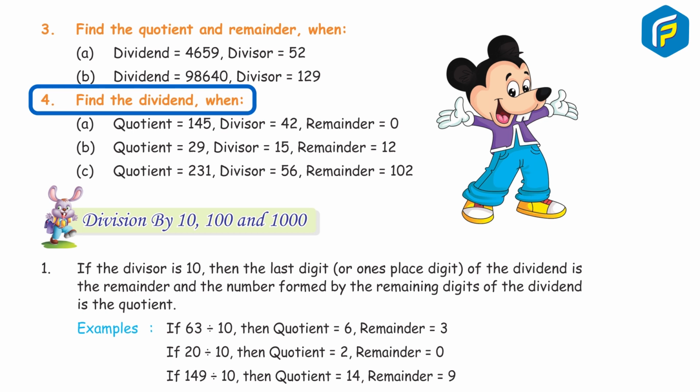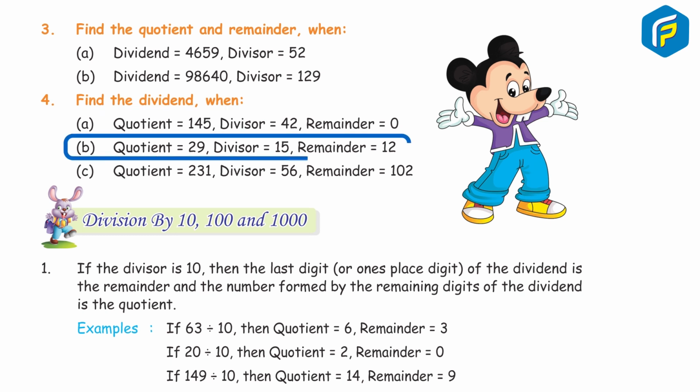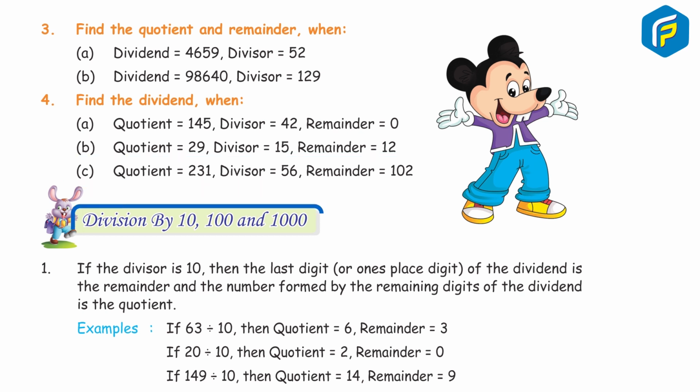Find the dividend when A. Quotient 145, divisor 42, remainder 0. Answer 6090. B. Quotient 29, divisor 15, remainder 12. Answer 435. C. Quotient 231, divisor 56, remainder 102. Answer 12936.